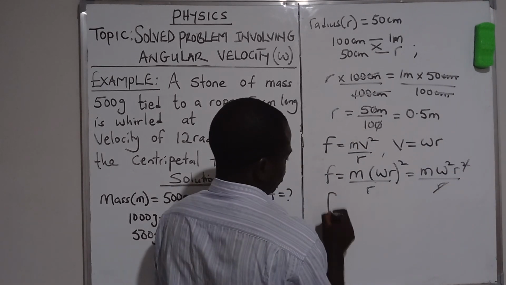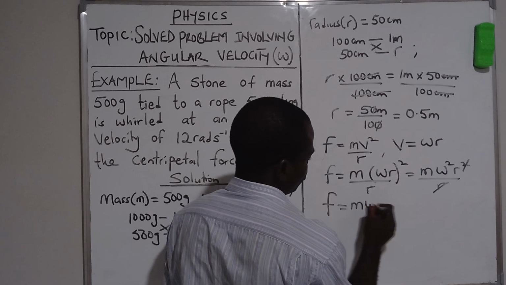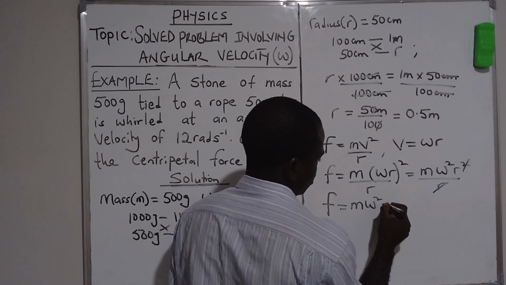R cancels R, centripetal force equals mw squared r.